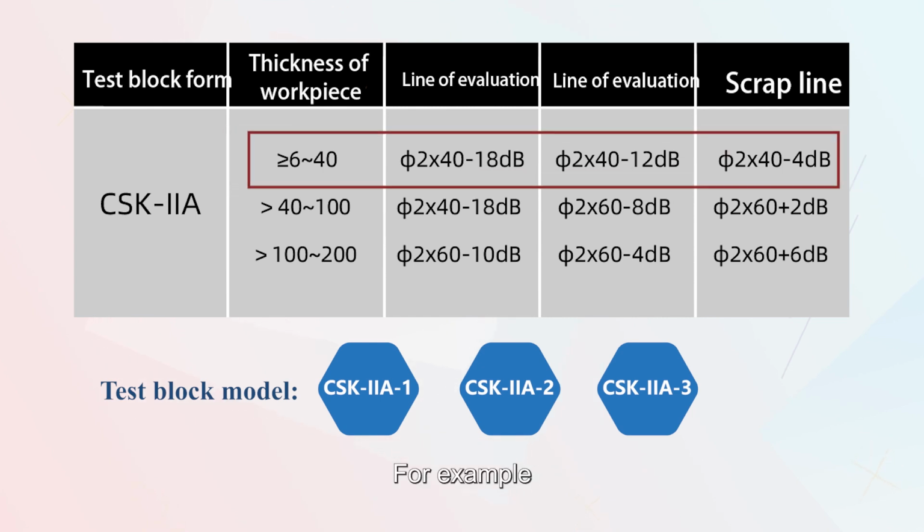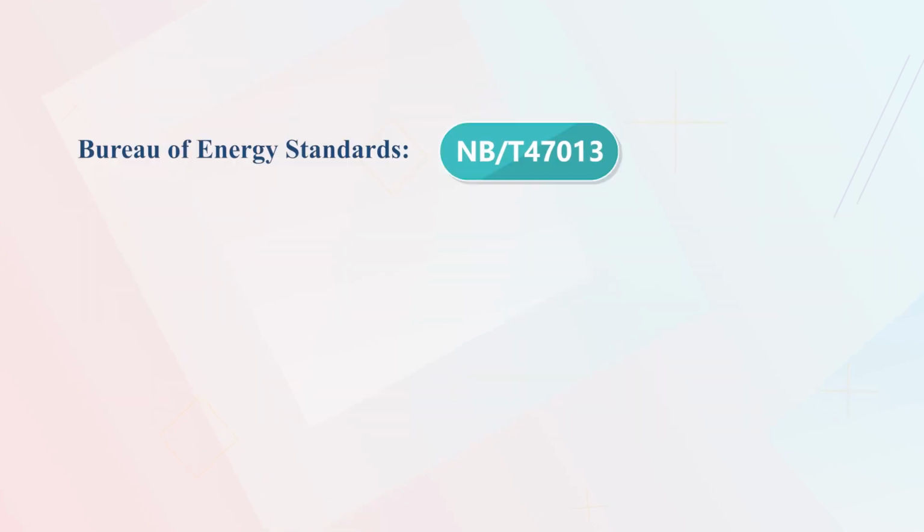For example, when the thickness of the workpiece is in the range of 6 to 40 mm, the translation decibels of the evaluation line, the quantitative line, and the rejection line are -18 decibels, -12 decibels, and -4 decibels.